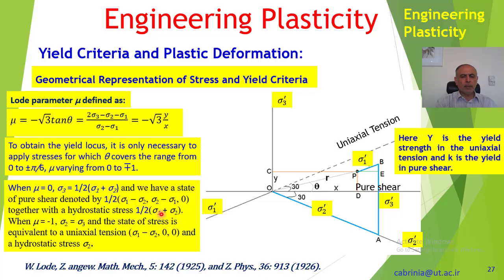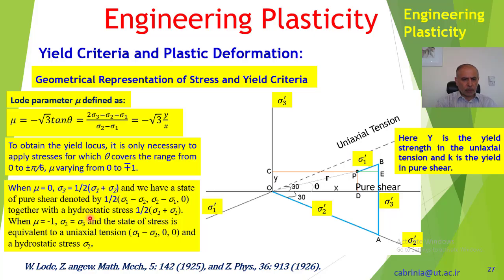If we add this hydrostatic component to the first term, we get sigma 1. If we add it to the second term, we get sigma 2, and sigma 3 obviously is 0. Okay, and that is for mu equal to 0.